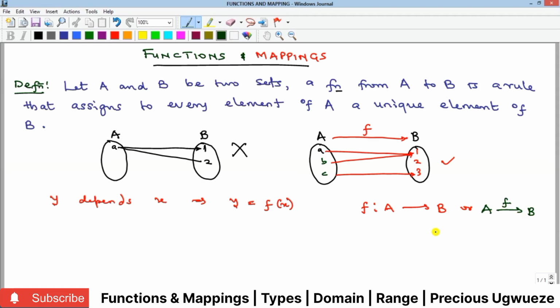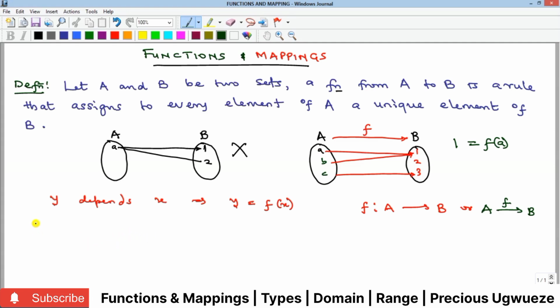But when we refer to their elements, we can write that 1 is a function of a. That means the value you are getting in B here, which is 1, is dependent on the value of a here.